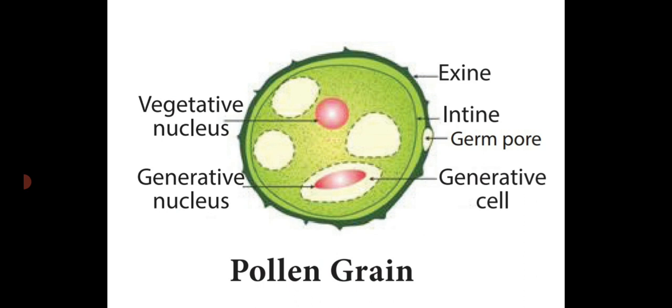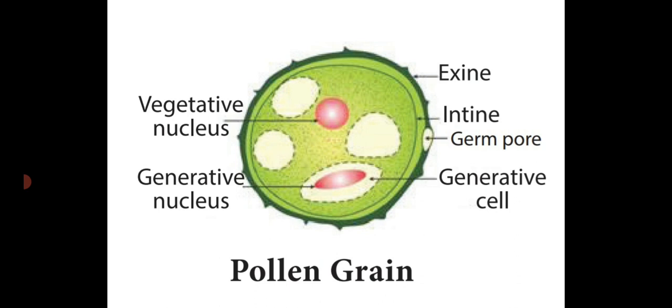This diagram shows the structure of a pollen grain. It is surrounded by 2 layers: the outer exine, which is thick and thorny. See, the outer exine is dark green in color and has some pointed tips. That is the thorny exine. Then the inner layer is the thin-walled intine, which encloses the dense green cytoplasm containing many vacuoles, that is 3 empty spaces.